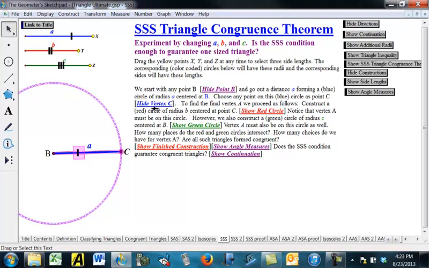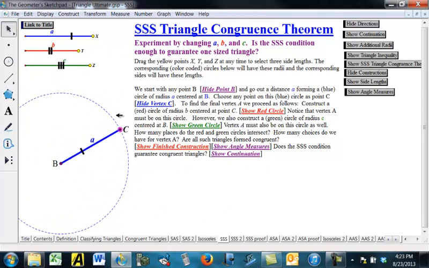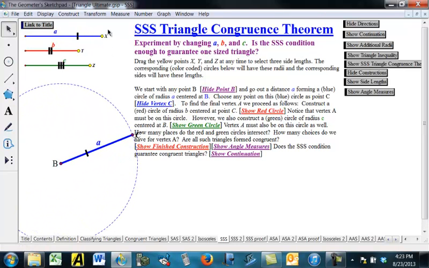We set our compass to length A, mark that, and pick any point we want on C. We could have picked B anywhere we want, but once we pick B, we have to pick C anywhere we want, but on this circle. And so that gets length A the right length. Notice that is controlled by this slider. So once I specify that, it's fixed.